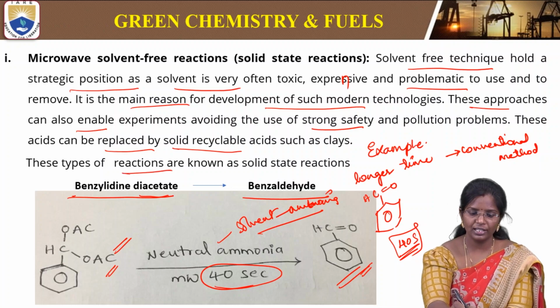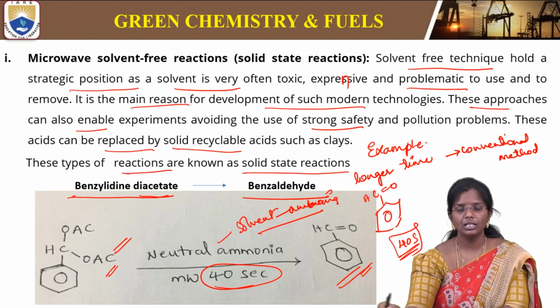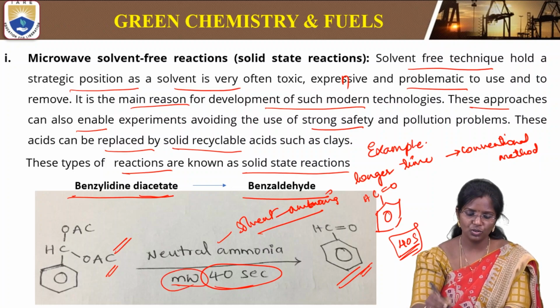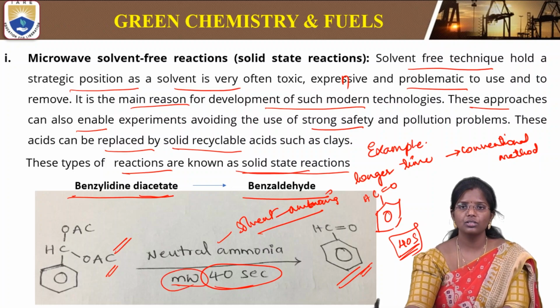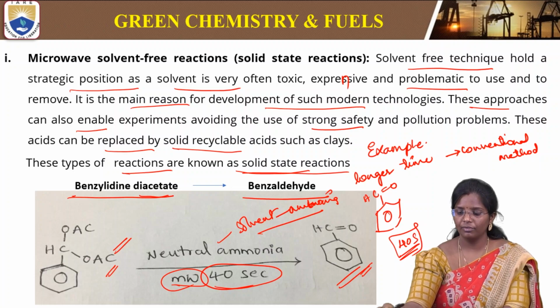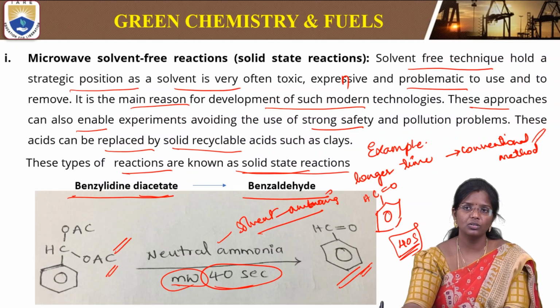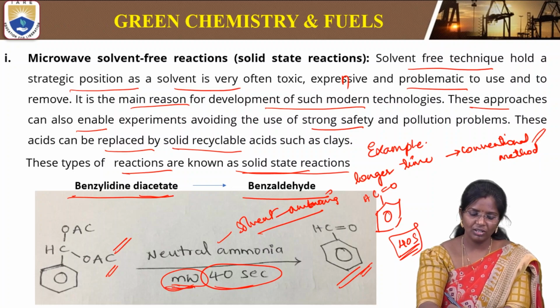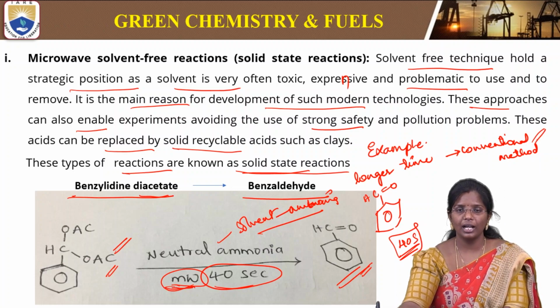This type of reaction is known as solid state reactions. This is possible only because of microwaves. If these solid state reactions are not feasible with the conventional method, whereas in the microwave method it is very much useful because it penetrates directly into the reactants and helps in the reaction procedure.